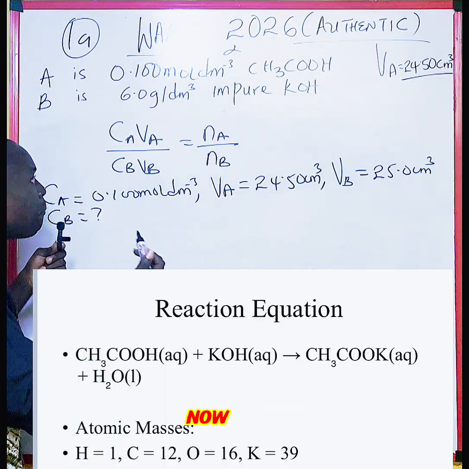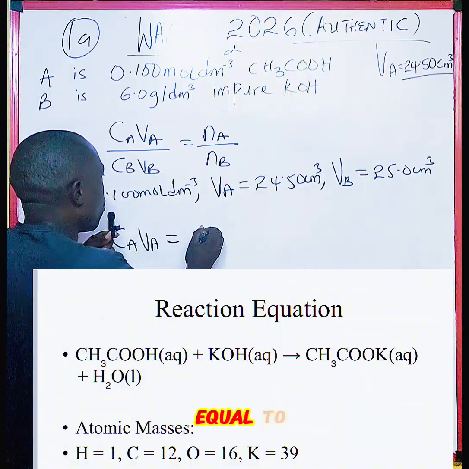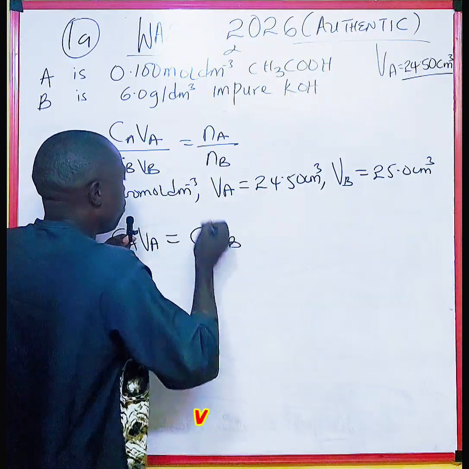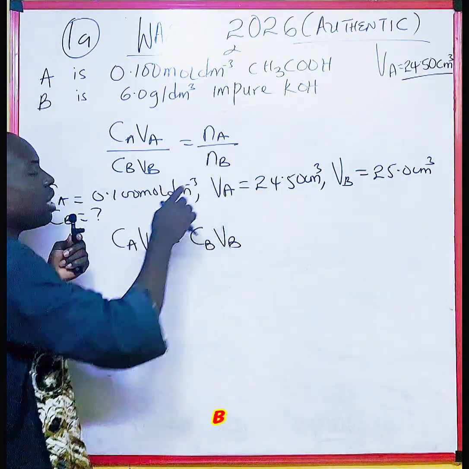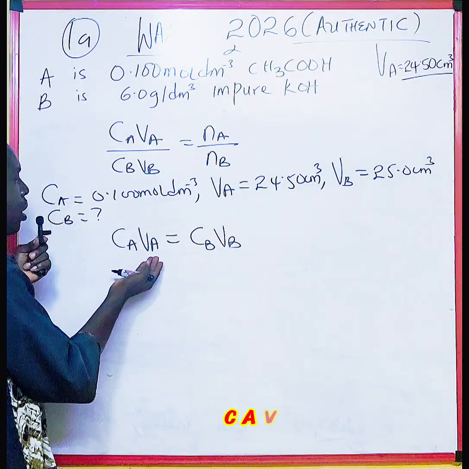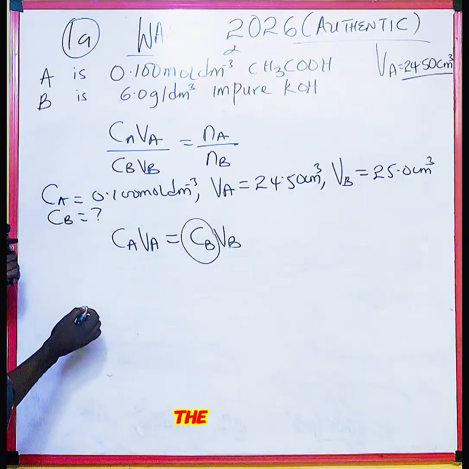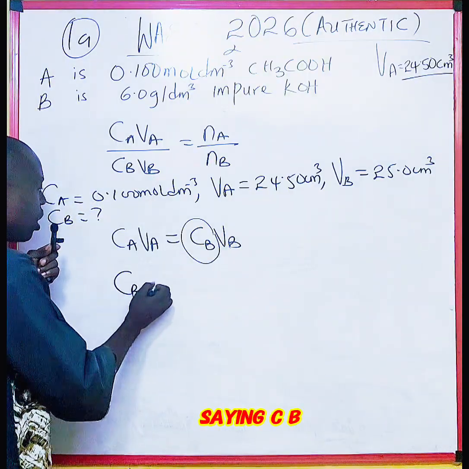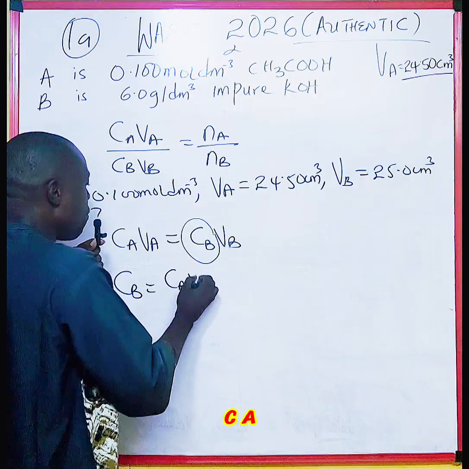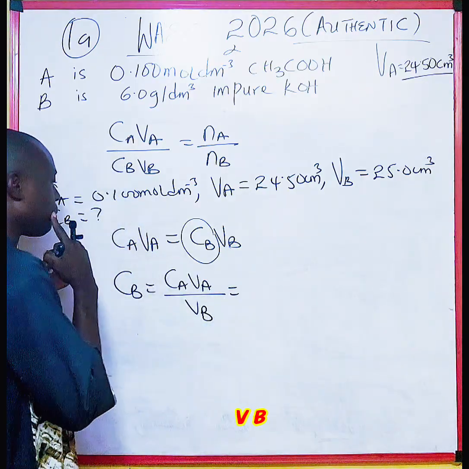So what do we actually do here? Since the NA and NB from the equation are 1:1, it can now be that CAVA is equal to CBVB, because the NA and NB will just cancel out. Now we'll make CB the subject of the formula: CB is equal to CAVA over VB.